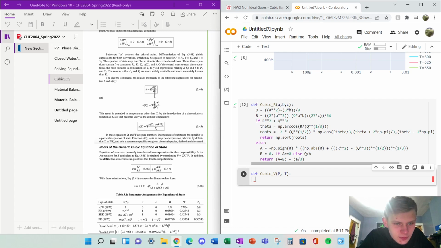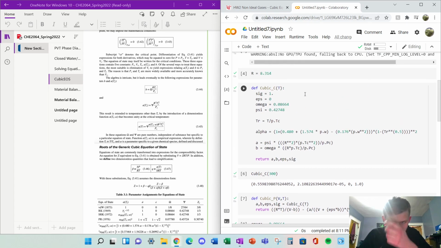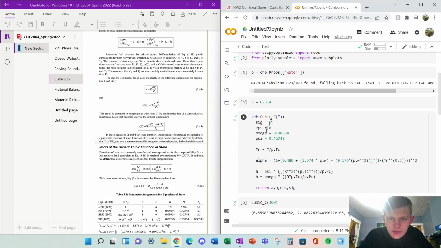And what we want to do immediately off the bat is then come up here and take our cubic C values from here. We want to take our cubic C function and set that equal to our return values here.